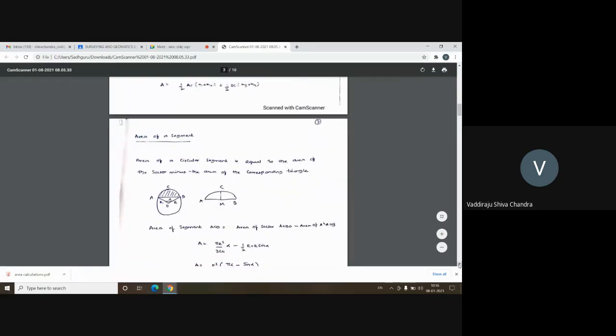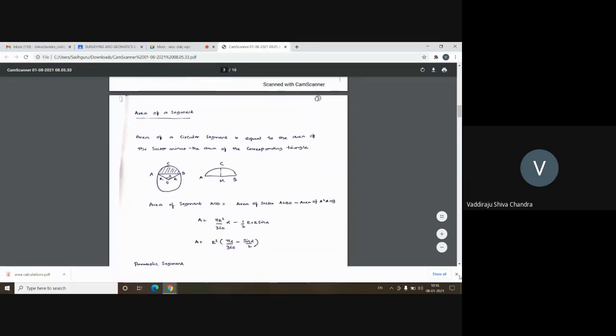Then how to determine the area of a segment? The area of a circular segment is equal to the area of the sector minus the area of the corresponding triangle. This is the sector ACBO, or AOBC is the sector. If I want to determine the area of this circular segment, it is equal to the area of the sector minus the area of the corresponding triangle.